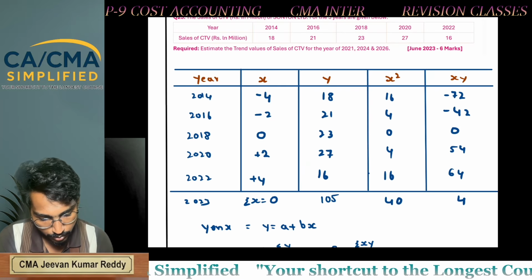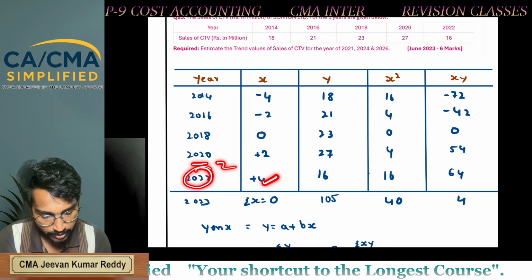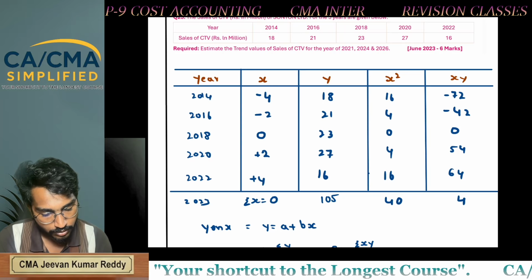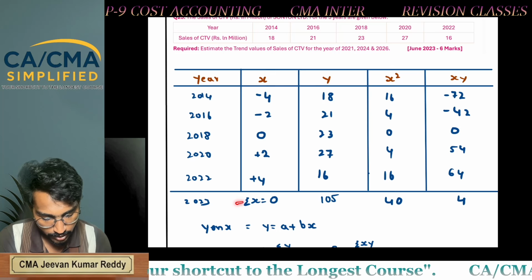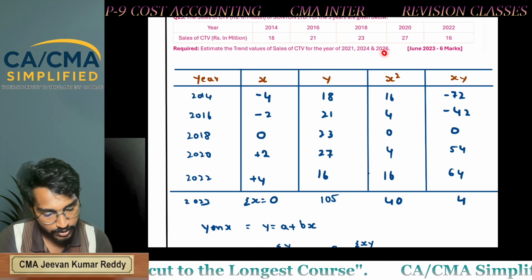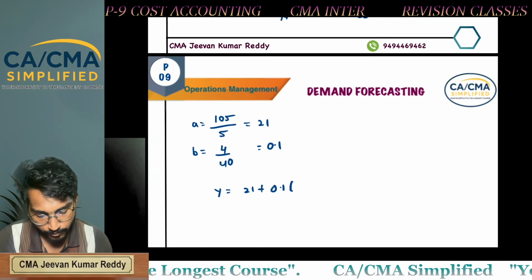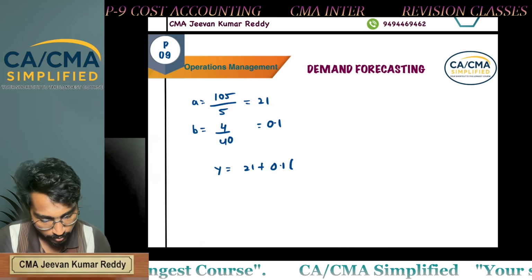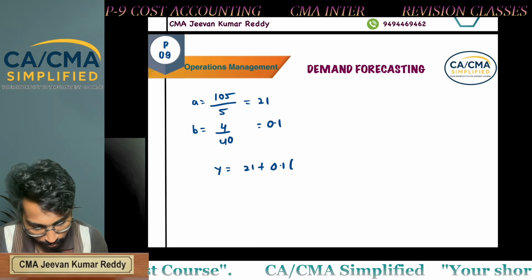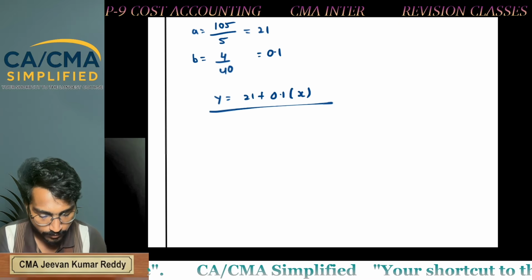So here 2021 is the third year, 2022 is the fourth year, 2023 is the fifth year, 2024 is the sixth year. So 2026 is which year? Eighth year. Now this is the equation.